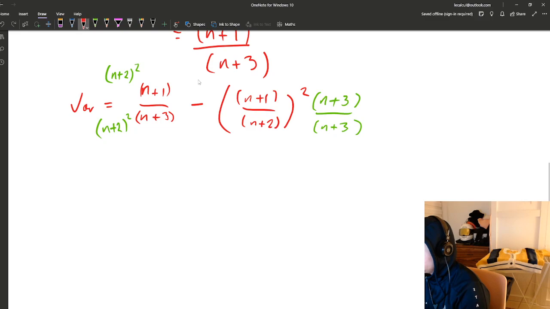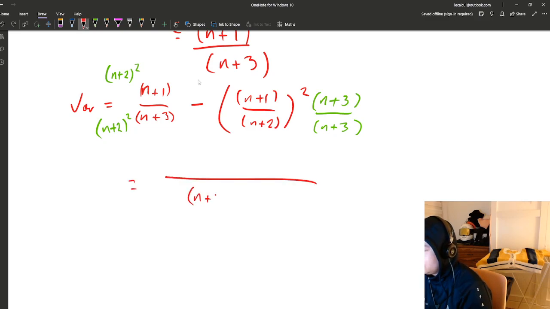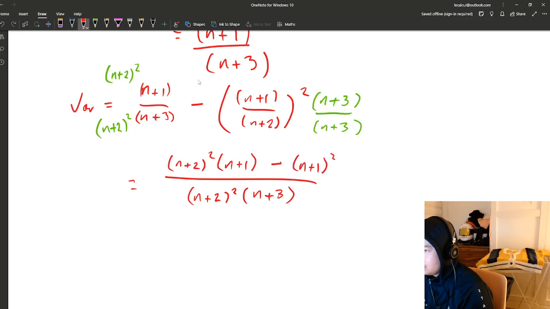Now they have a common denominator of n plus 2 squared times n plus 3. We have over here n plus 2 squared times n plus 1, and then minus n plus 1 squared times n plus 3.